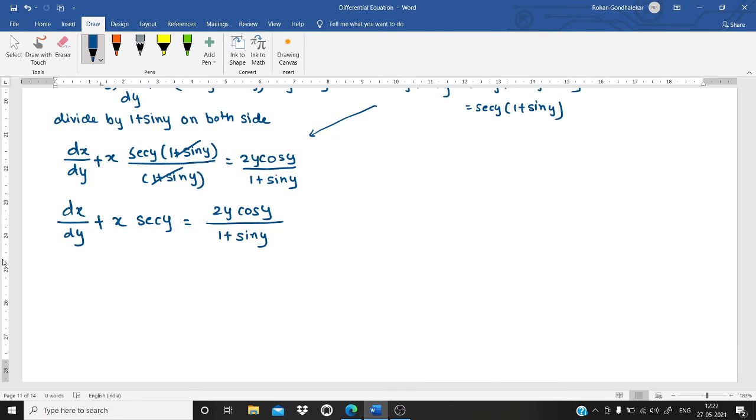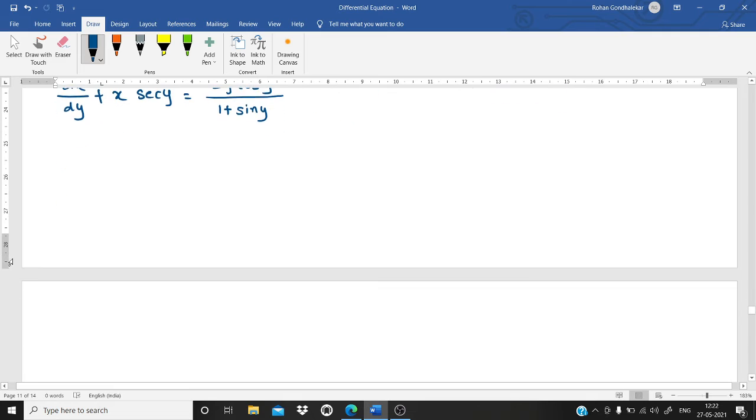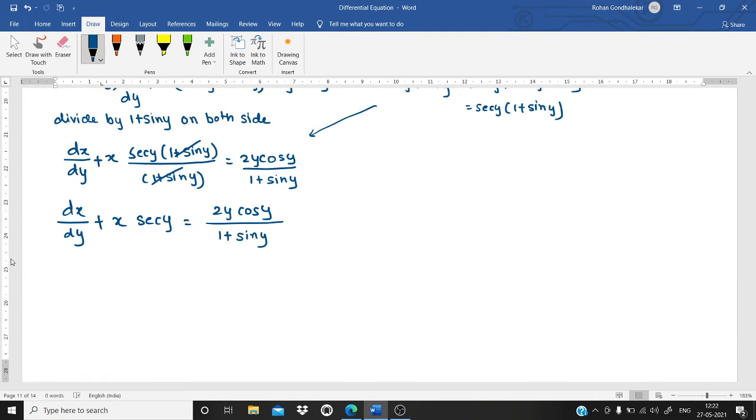Now, what is the integrating factor? The integrating factor is e raised to the integral of sec y with respect to y. The integration of sec y is log of (sec y + tan y), so e raised to log cancels and we get sec y + tan y.